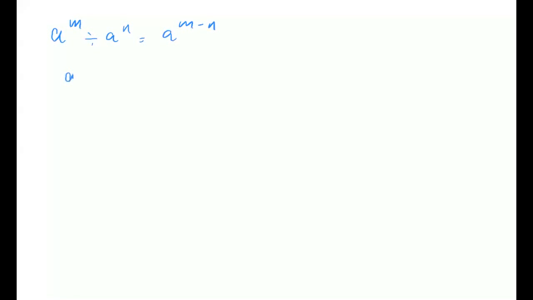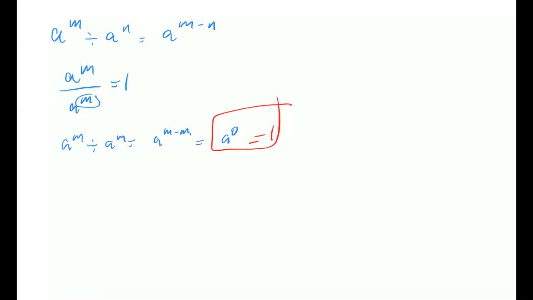So we know that a power m over a power m is equal to 1, right? So let's divide a power m by a power m. That will be a power m minus m, which is equal to a power 0. And we know that this is equal to 1. You got the proof, guys? I don't think you have. Just know it. I don't think it will come in the exam.